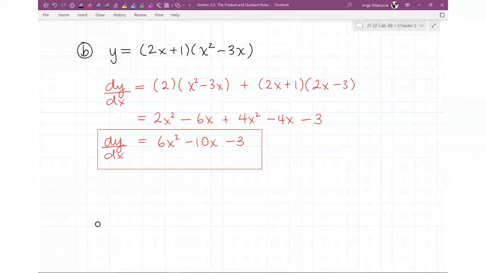Okay? So here's one where you have no choice. Let me see. We'll do f of x equal to x cosine of x.